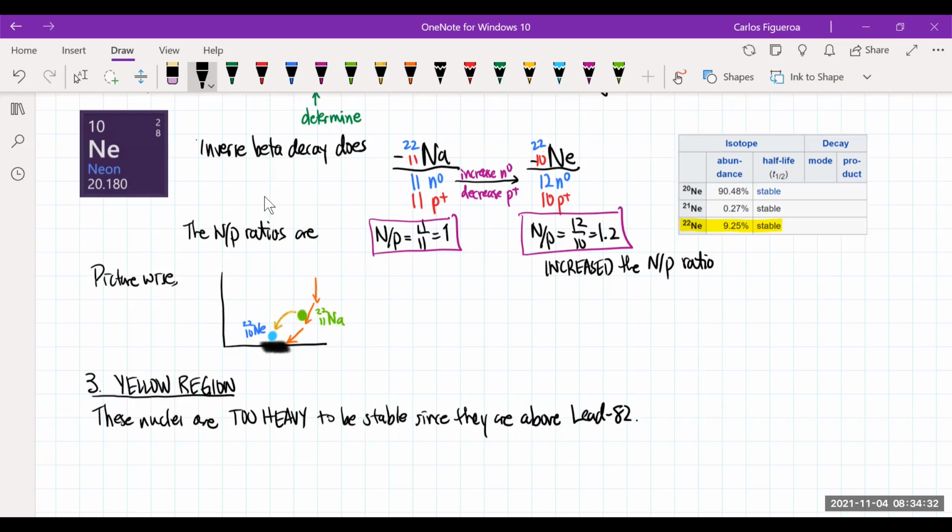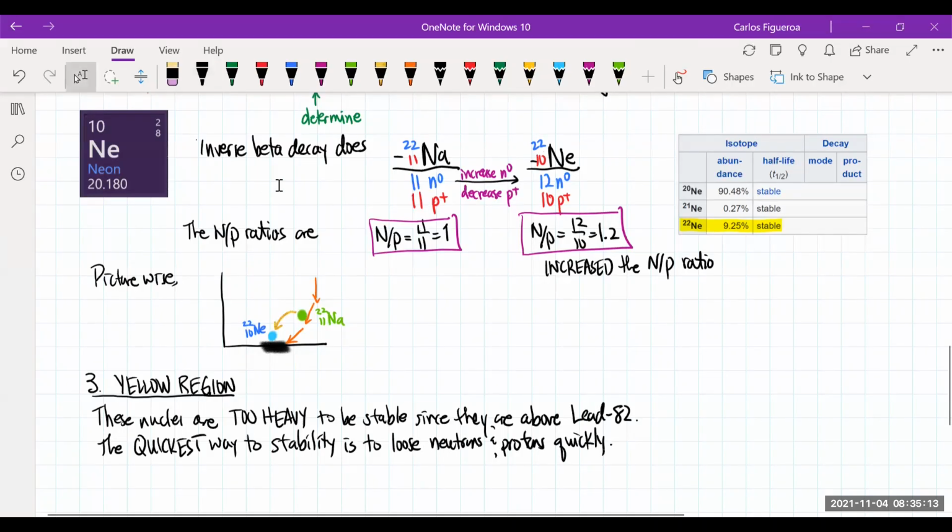And so what you find here is that in this case, the quickest way to stability is not to lose one neutron, not to lose one proton like in beta decays, is to lose neutrons and protons quickly.